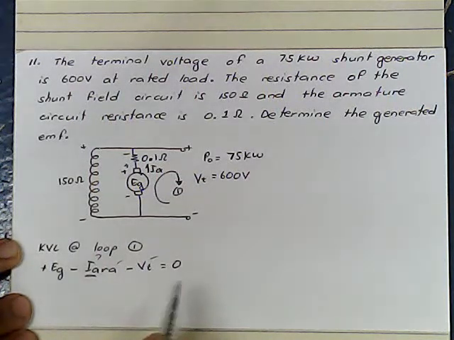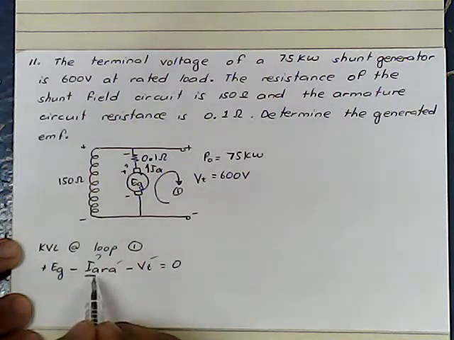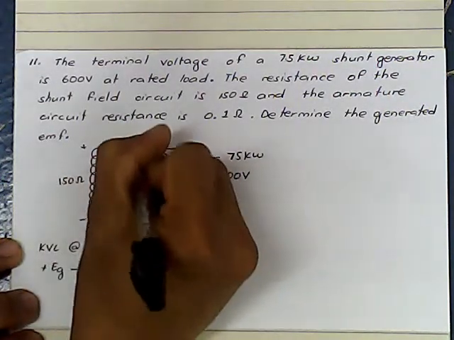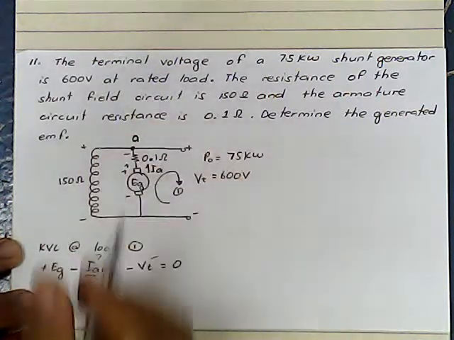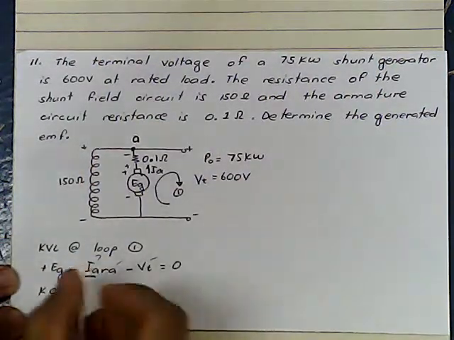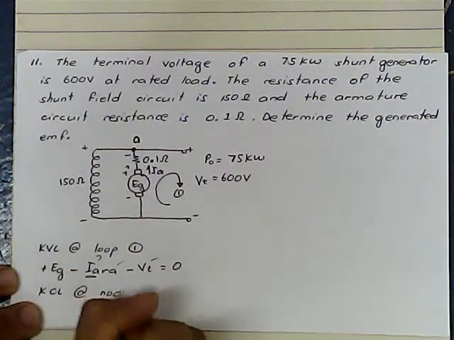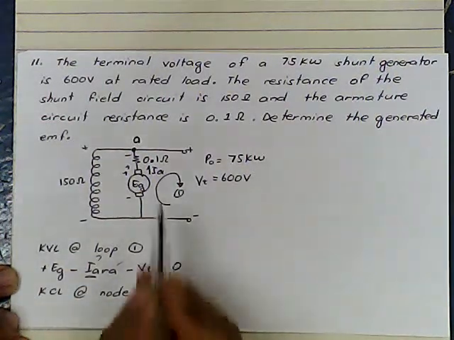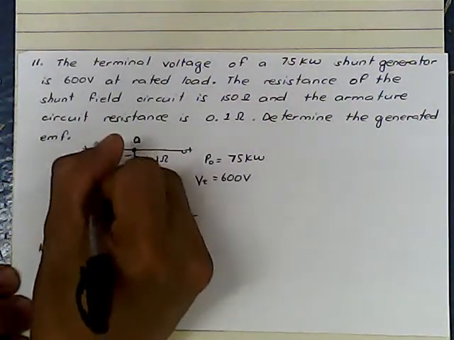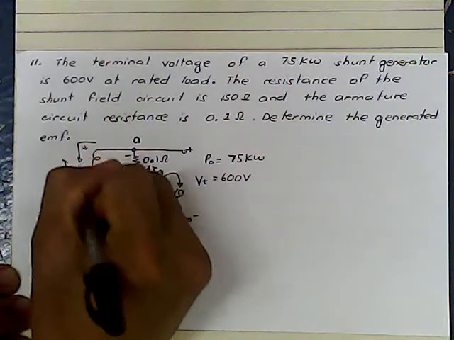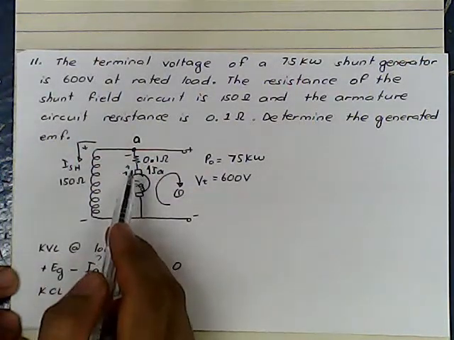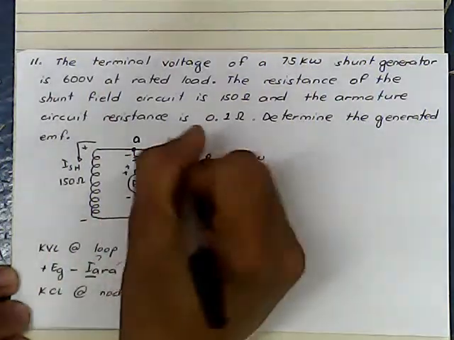In order to get the value of IA, sa isa pang equation, we need to establish an equation dito sa node A. So, mag-KCL tayo dito. KCL at node A. Dahil dito meron tayong ISH. So ngayon, summation of current in is equal to the summation of current out.